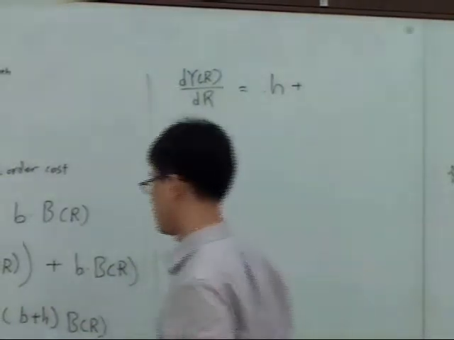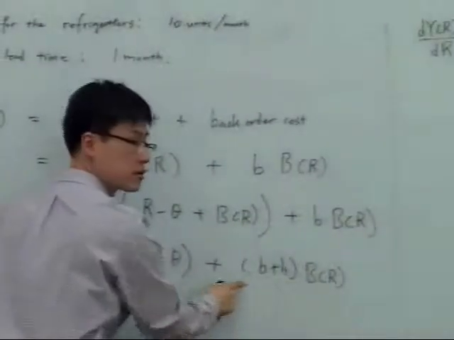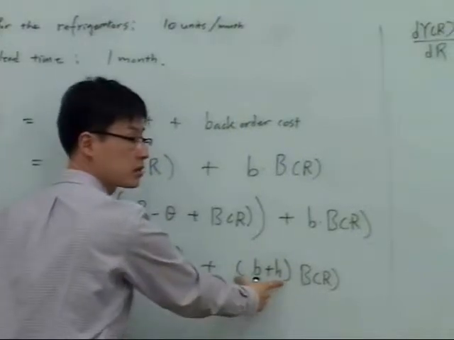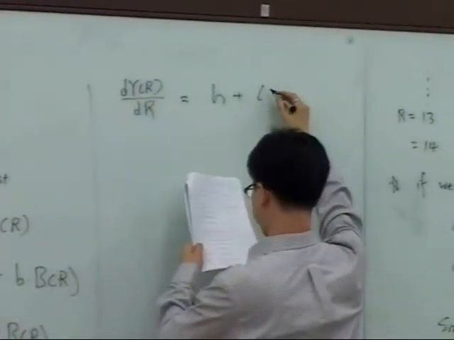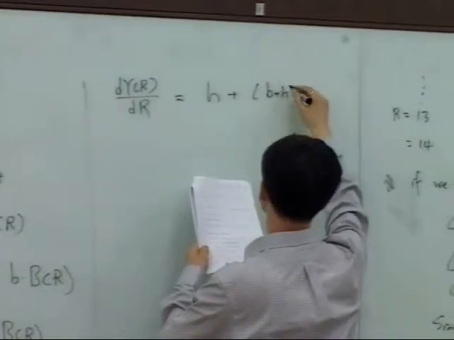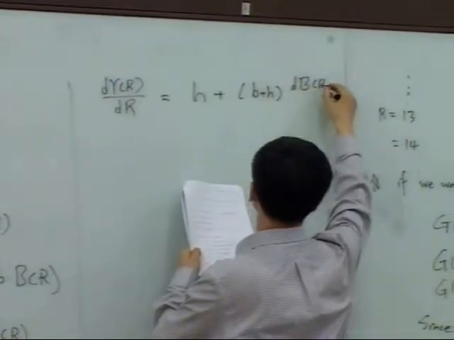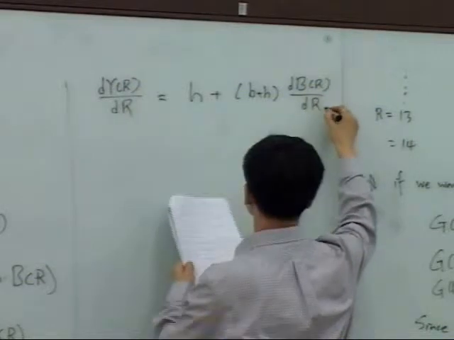Plus, well, this one doesn't have any R, it's just a constant. So B plus H times dBr over dr.